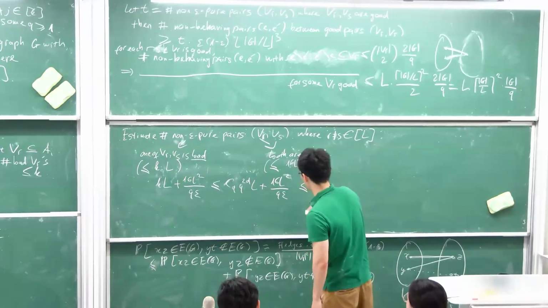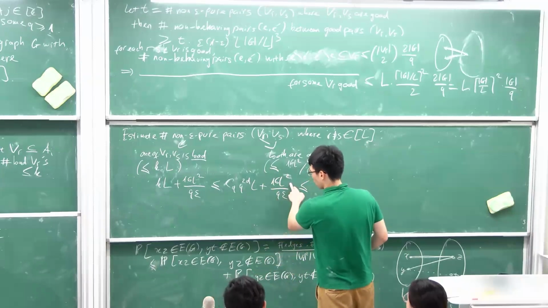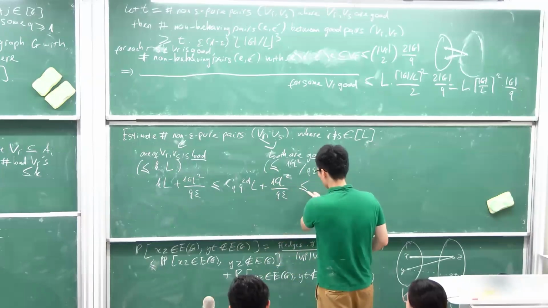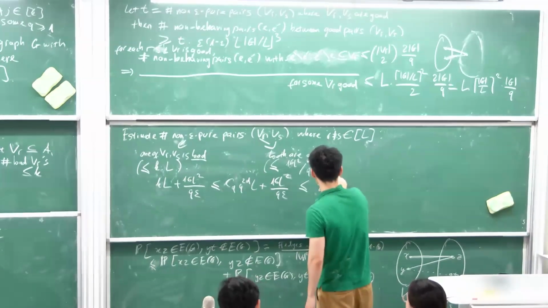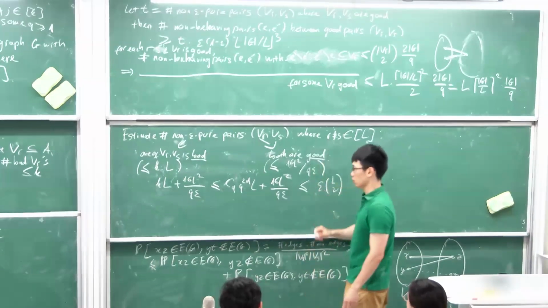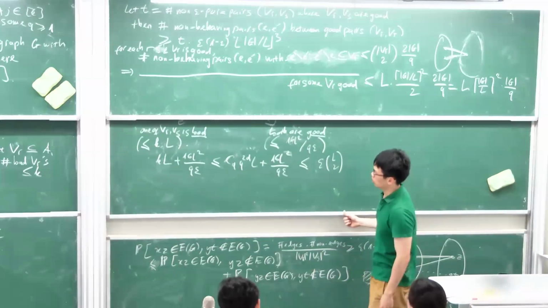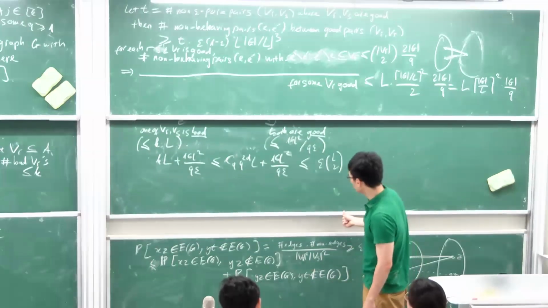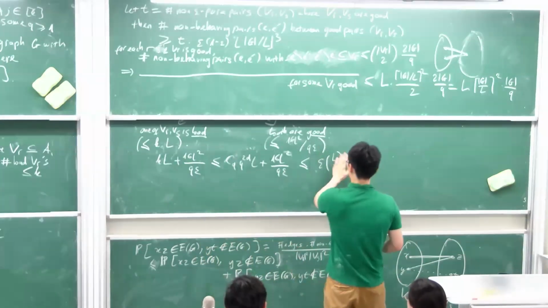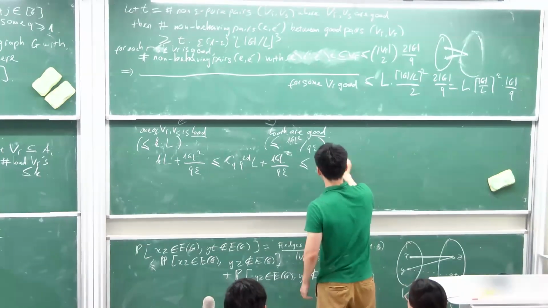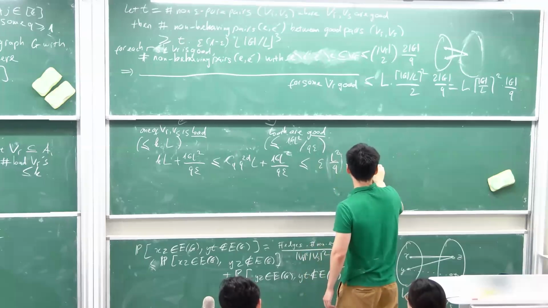So all that's left to do is to choose Q and L such that this is at most epsilon times L choose 2. Right? And it should not be too hard because, instead of L choose 2, let me say L squared over 4, because this is going to be almost L choose 2 times epsilon.